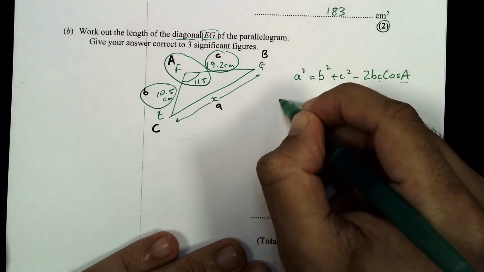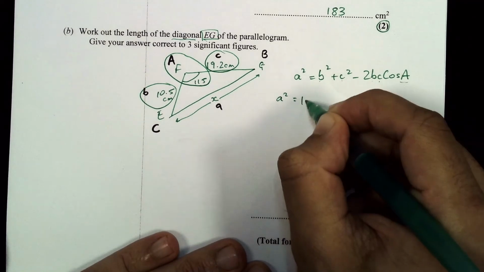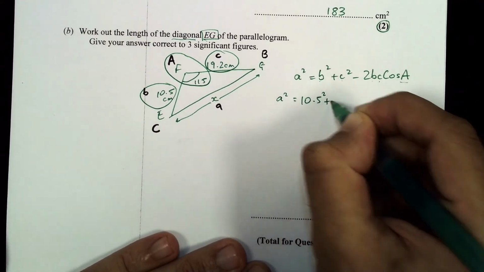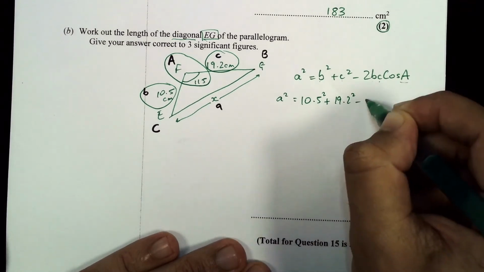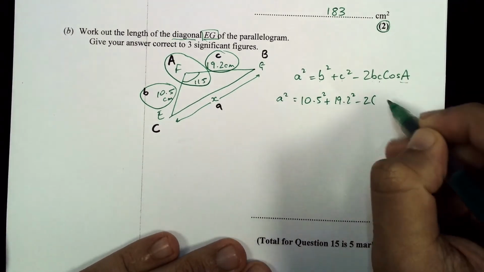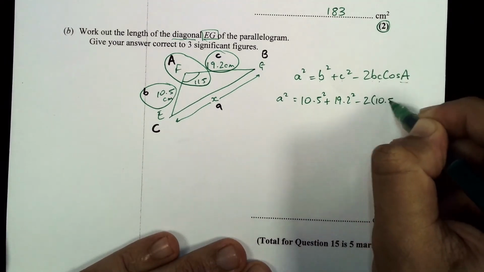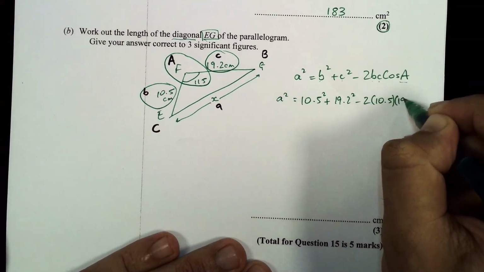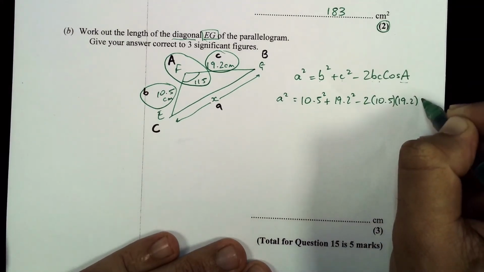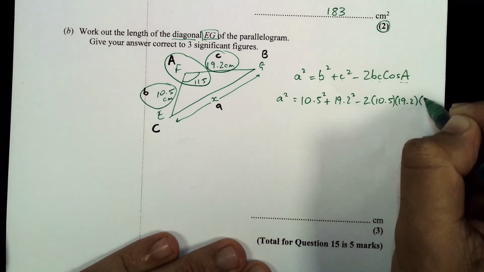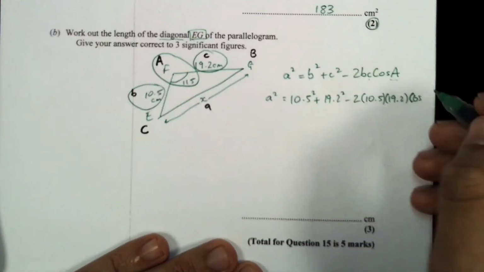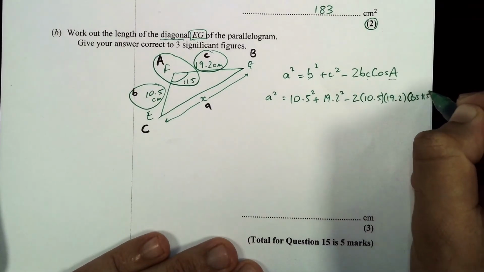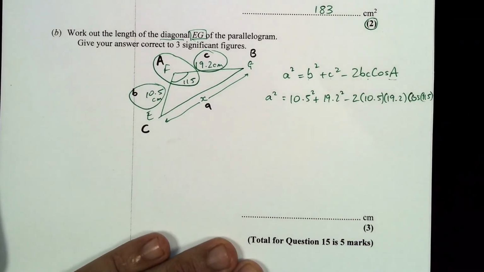I'm going to write a squared equals 10.5 squared plus 19.2 squared minus 2, and I'll use brackets here just so I don't get confused, times 10.5 times 19.2 times the cos of 115. And as you can see, I'm running out of space slightly, but there it is.